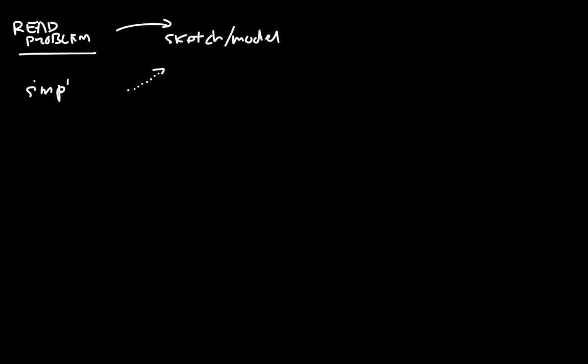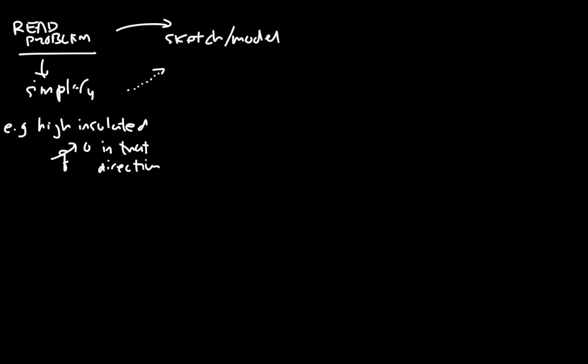I simplify by taking information from the problem, and that comes in the form of hints like, it may say something like, highly insulated. What you could take from that simplifying assumption is essentially that Q is 0 in that material or in that direction. So they may say something like, I have a tube that is highly insulated, and they're trying to imply that there's no heat transfer in that direction. Or they may say there's insignificant airflow, or it's in a vacuum, or you can neglect radiation. So you look inside the description for simplifying cues or clues in order to sketch and model what is happening.